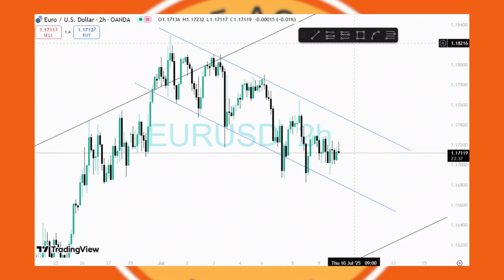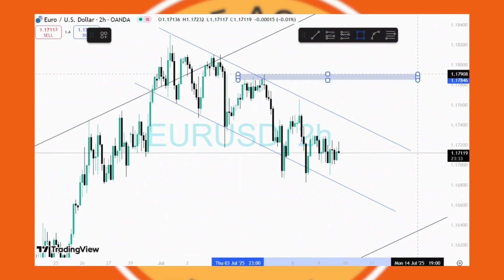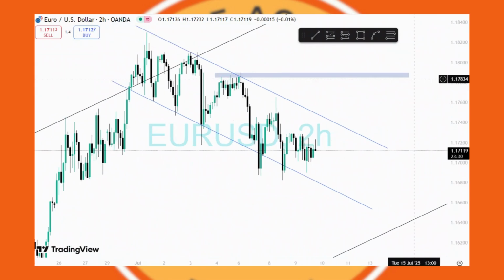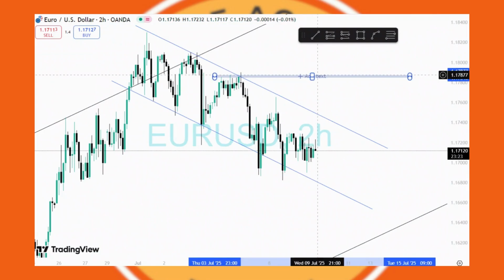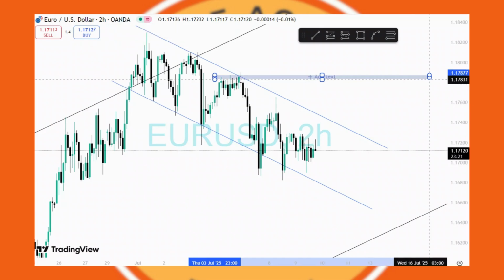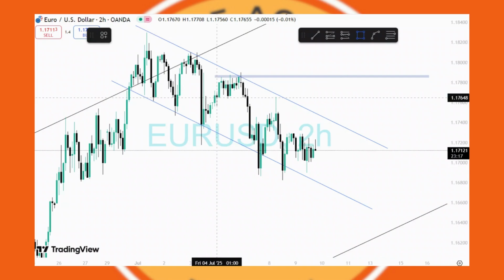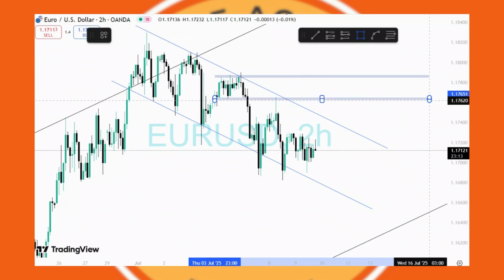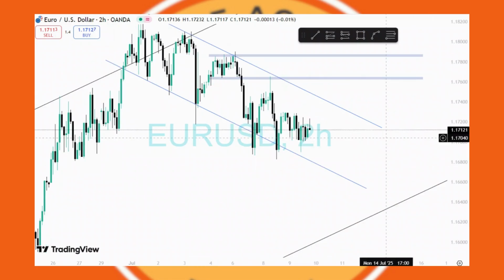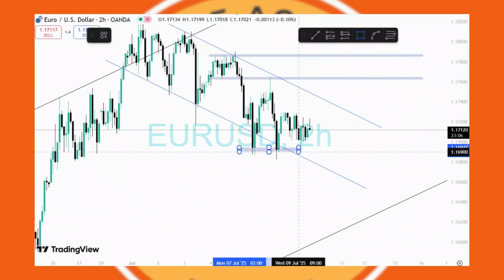What do we see? Now what I like to do is spot out my important zones, the ones that are close to price, because they are my concern. Excuse me. Okay, we also have this, and then we have a double bottom.